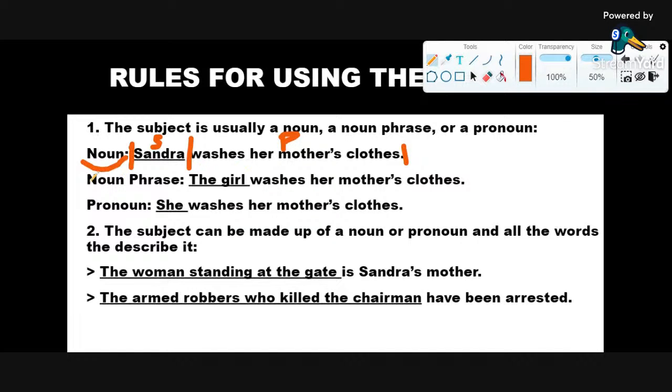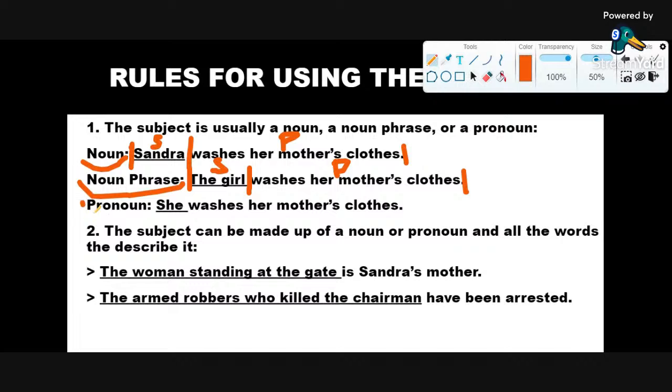Then we look at the noun phrase. When you use a noun phrase, the noun phrase here is the subject, and that is the girl. This is the noun phrase, the subject. And then the same predicate: washes her mother's clothes.